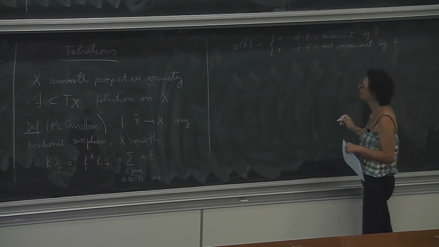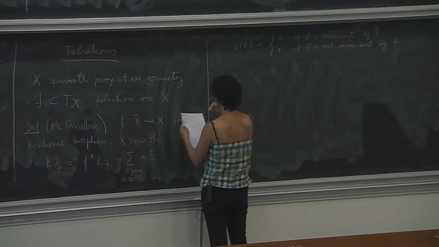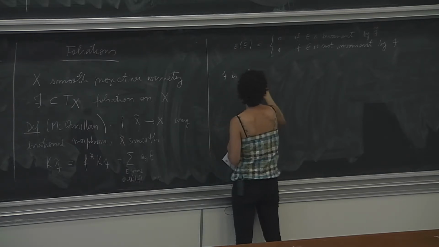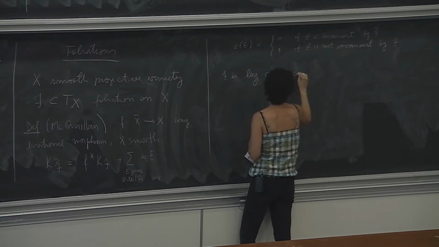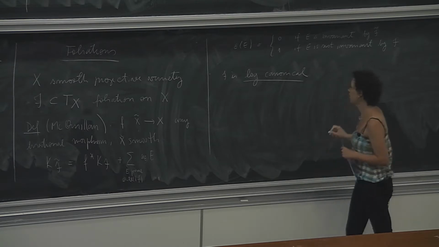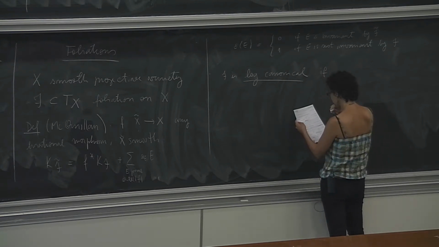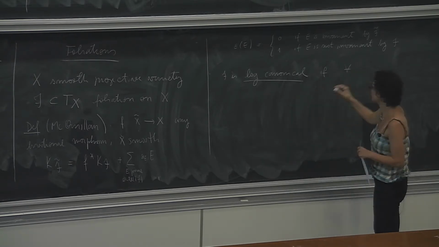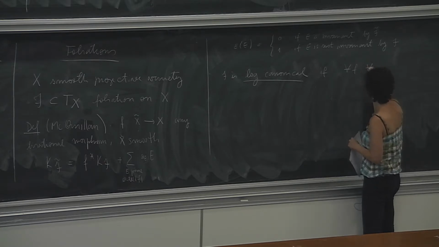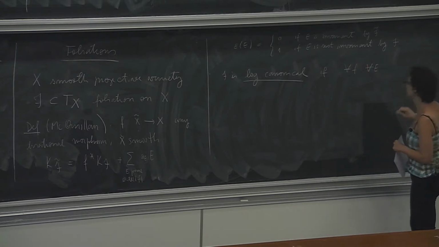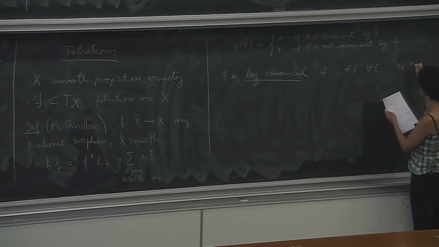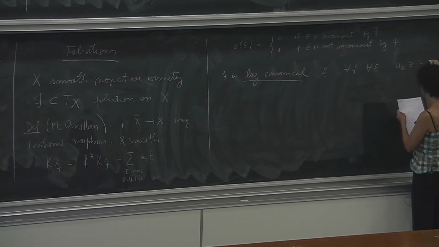And the condition here that we want is that we say that F is log canonical if for every such birational morphism, and for every prime exceptional divisor, the a(E) that appears there is greater than or equal to minus ε(E).